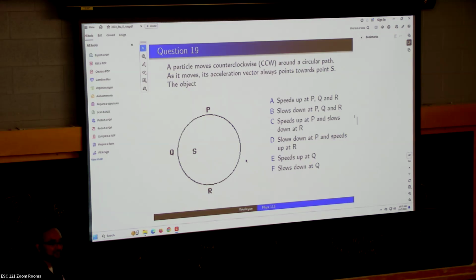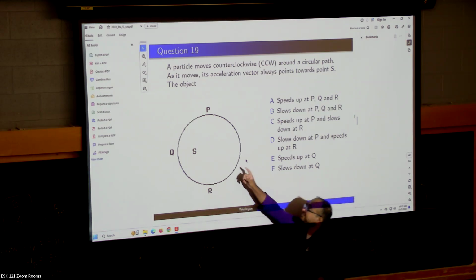I don't know if I'm explaining it elegantly, but the ratio of the force that's swinging it around versus taking it directly towards S is higher at P, and it's the exact opposite at R. So it'd speed up when it gets to P and slow down when it gets to R. Okay, you've got the basic idea. Good.